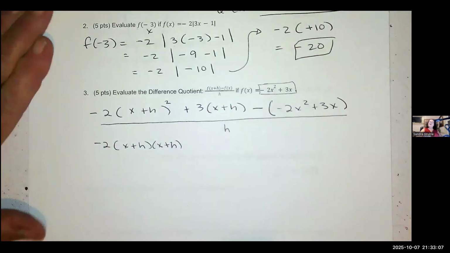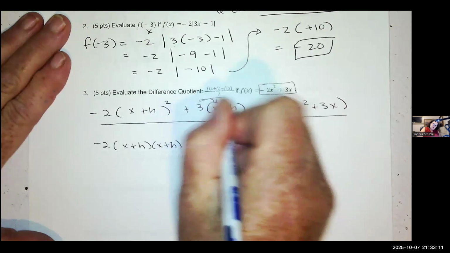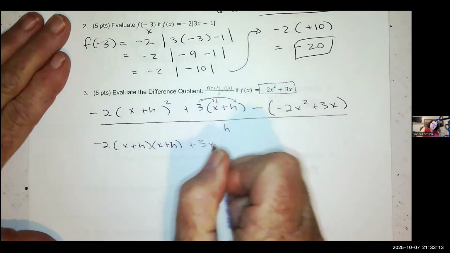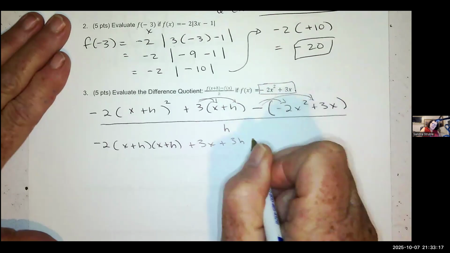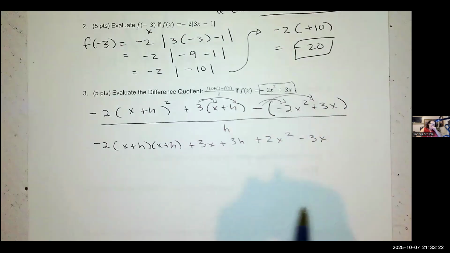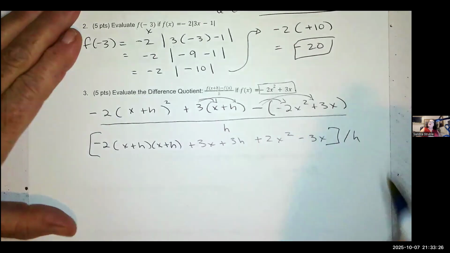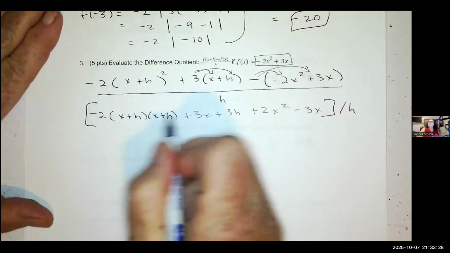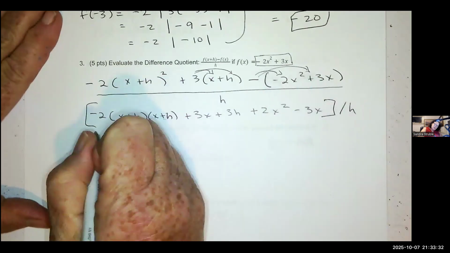All right, we're going to have to do the quadratic first, x plus h squared. So -2 times x plus h times x plus h. You can use your box method, FOIL, distribute, pick your poison. I'm going to go ahead and distribute my 3, so 3x plus 3h. I'm going to distribute my negative, so +2x squared minus 3x. And all of this is over h. I'm going to multiply the two binomials first. You could distribute first, but this is just easier.